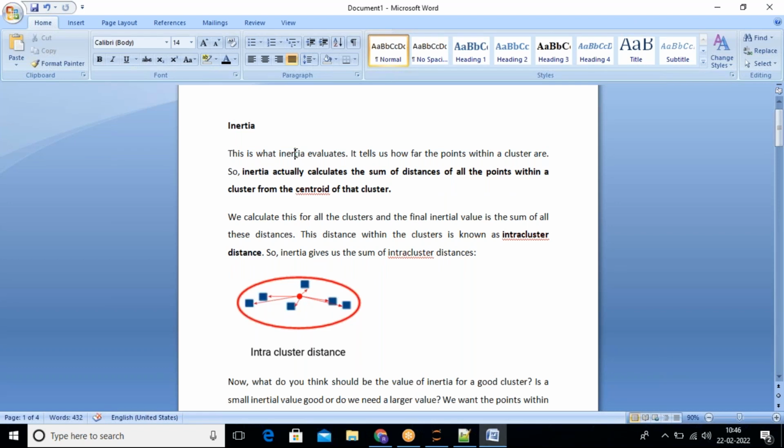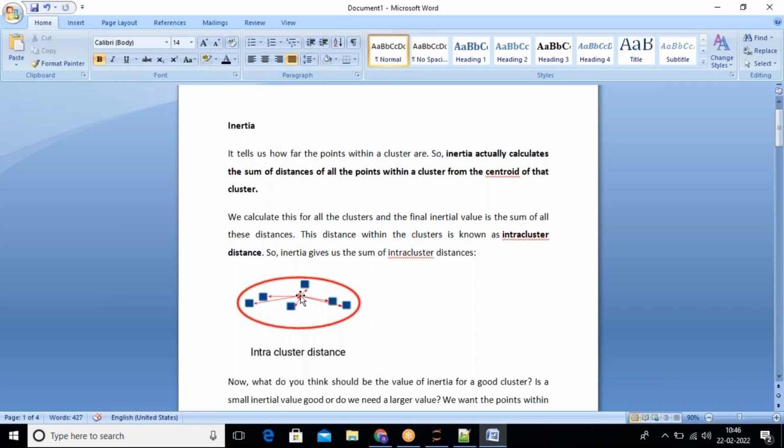So what actually does inertia evaluate? It tells us how far the data points within the cluster are. Inertia calculates the sum of distances of all the points within a cluster from the centroid of that cluster.